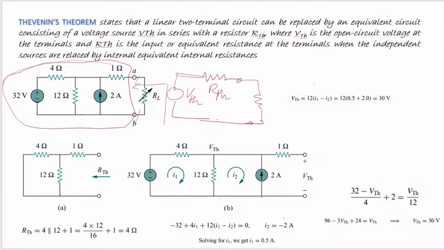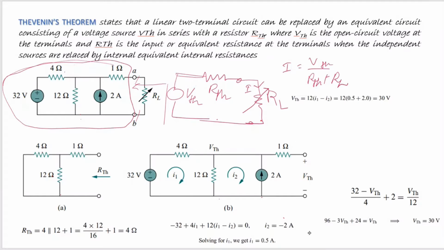So we have to reconnect this RL and find the current I. The current in this RL is equal to VTH divided by RTH plus RL. So this is how you find the current, or response, in an element using Thevenin's theorem.